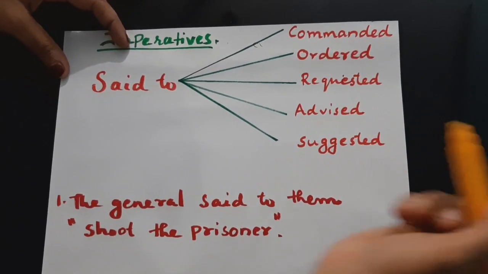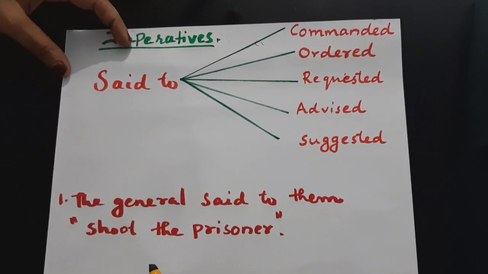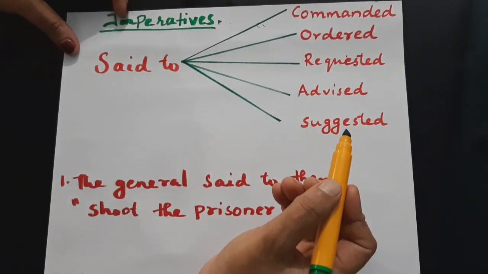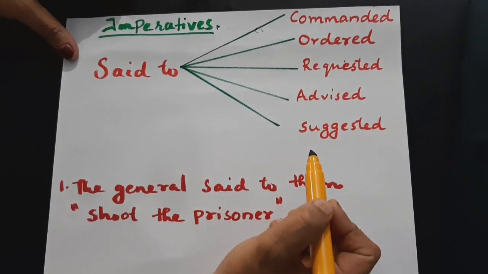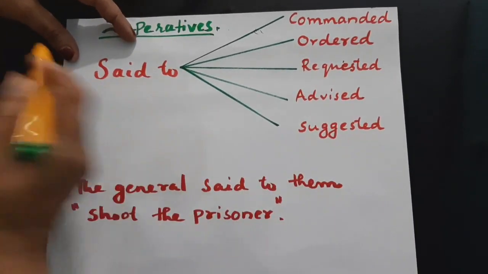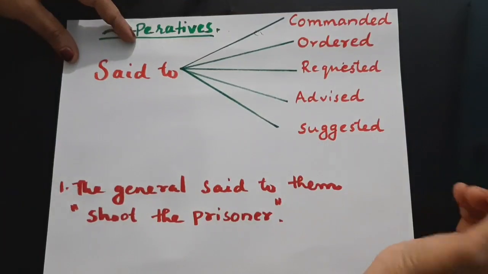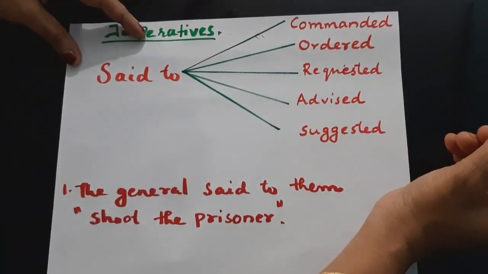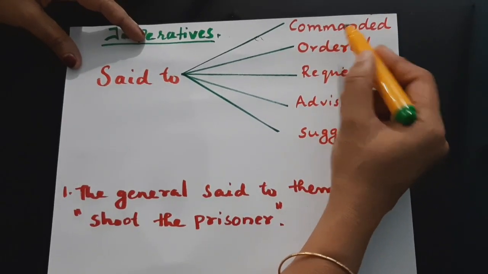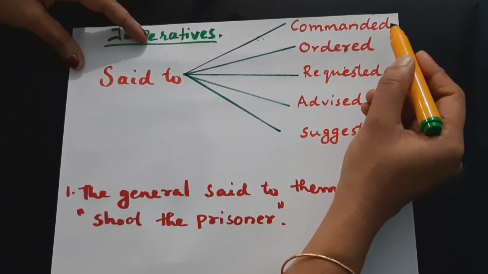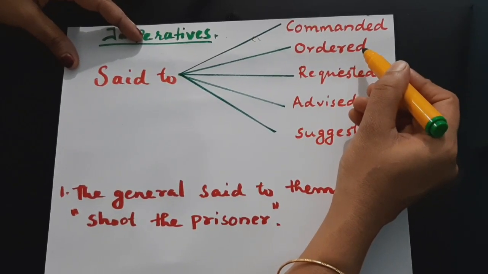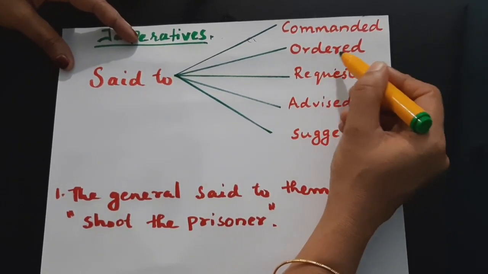So when you convert a sentence from direct to indirect speech, according to the tone of the sentence, the reporting verb can vary. If it is in the tone of a command, the reporting verb will be commanded. If it is in the tone of an order, you can use ordered.